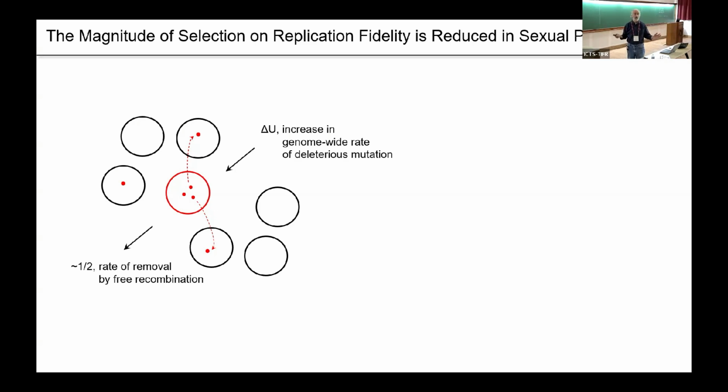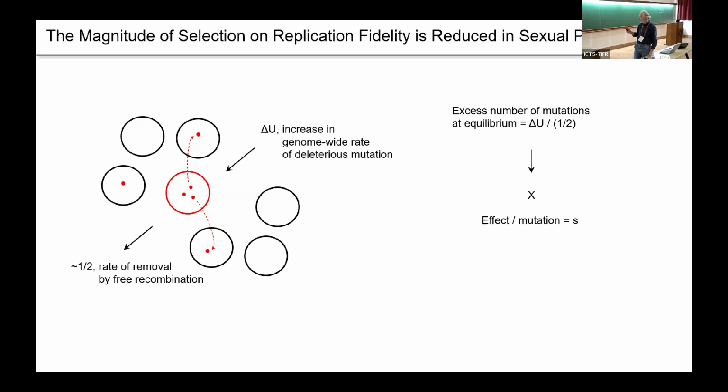If everything's freely recombining, the rate of loss of these just by segregation is, remember, we're thinking about the linkage between the deleterious mutations and the mutator allele itself. And so with free recombination, you lose half the association each generation. And so now up here, we don't have an S in the denominator, we have a 1/2 in the denominator instead.